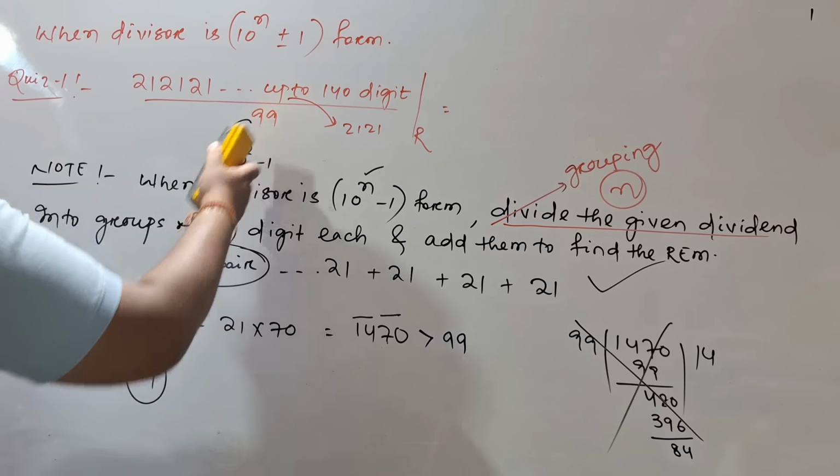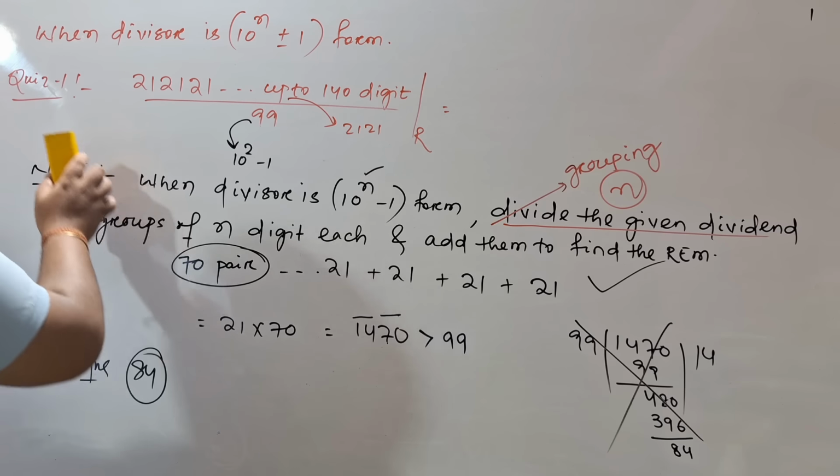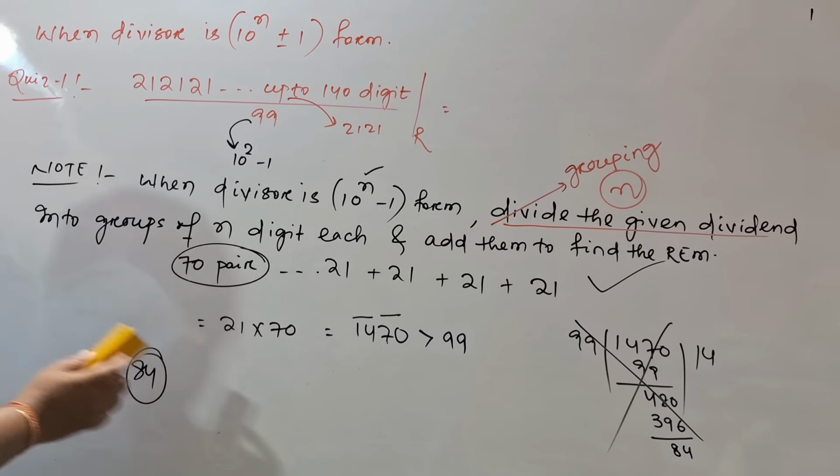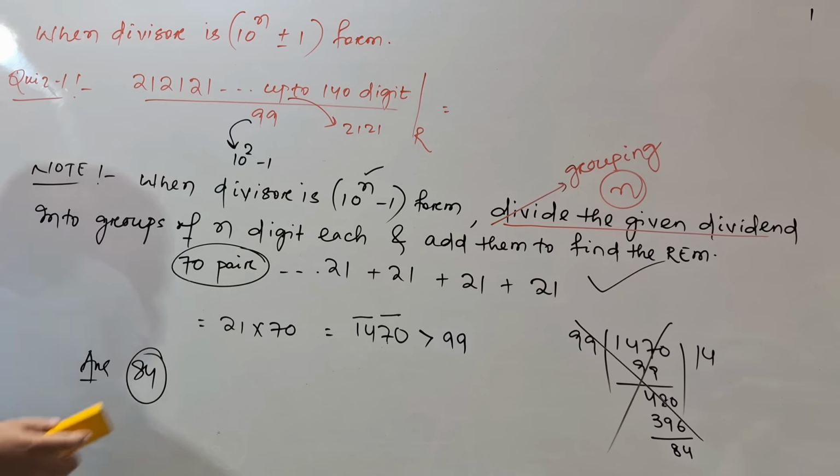So here this is the 10 to the power n minus 1 form. Now when the divisor is 10 to the power n plus 1, just write it down.